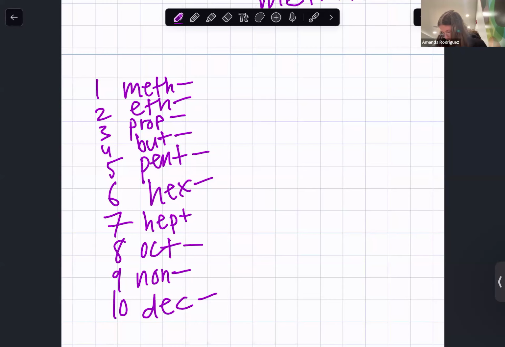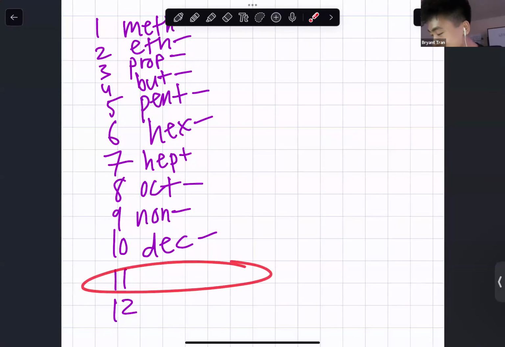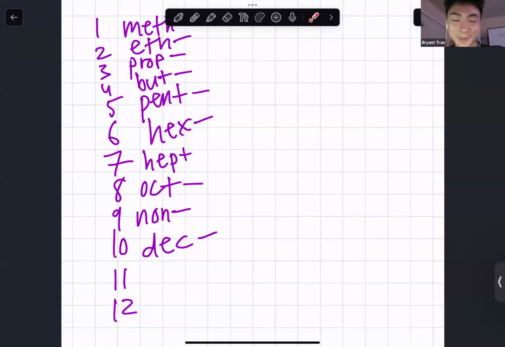So this will be very important for nomenclature later on. There's also 11 and 12, but I forgot that. But he will go over that. And when you send me the lecture slides next week or week two, we'll go over that when he goes over that.